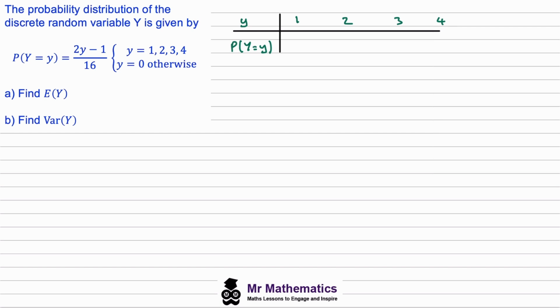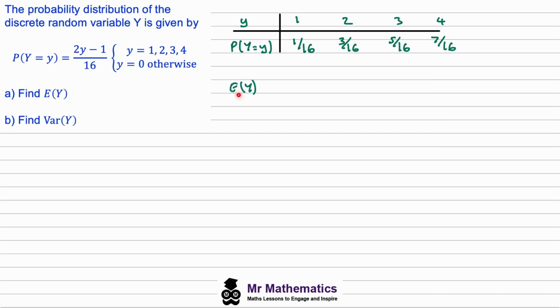When y is 1, we get 1/16. When y is 2, we get 4 minus 1 is 3, 3/16. When y is 3, we get 6 minus 1 is 5, so 5/16. And when y is 4, we get 8 minus 1 is 7/16. And we know this is correct because they should add up to 1, which they do.